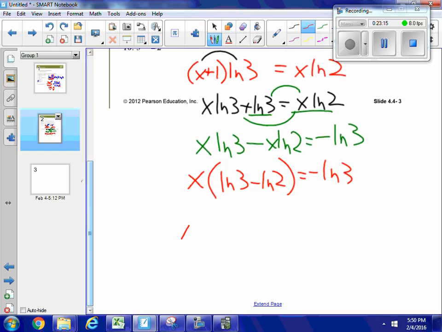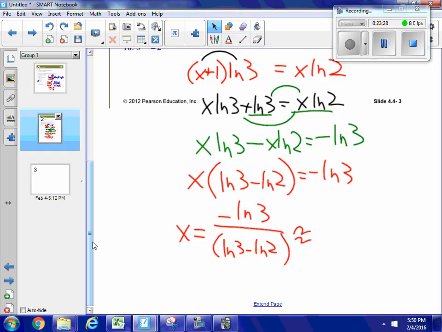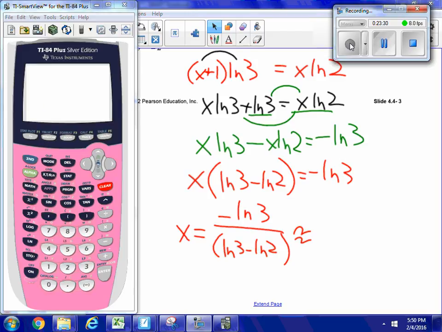And now I have x is equal to negative ln 3 divided by ln 3 minus ln 2, which is approximately equal to. Now we'll do it together.